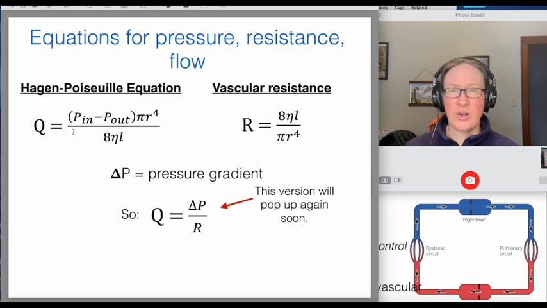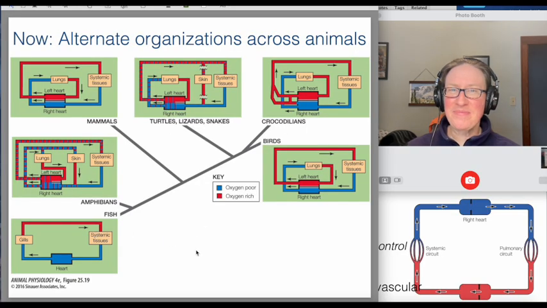And so we can also use these to calculate flow rate in an alternate fashion, with the numerator being pressure gradient, the denominator being vascular resistance, with vascular resistance representing these other properties that influence flow rates. And I'm highlighting this because we're going to see this version of flow pop up again at some point in this lecture.